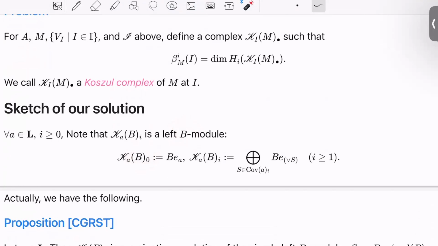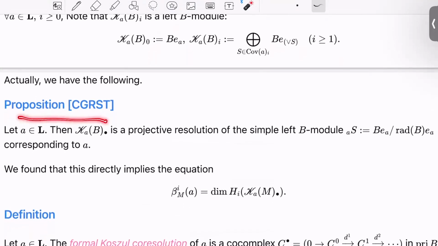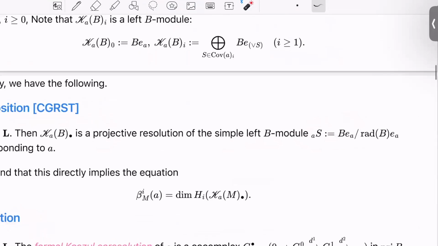Now replace M by B, then we have this one and this one. As you see, this is a left B-module now. And then, proposition: this K_A B is a projective resolution of the simple left B-module corresponding to the vertex A, so this is B e_A over the radical of B e_A.